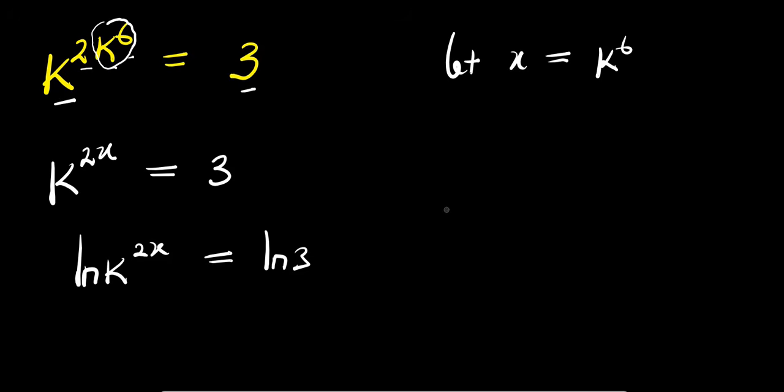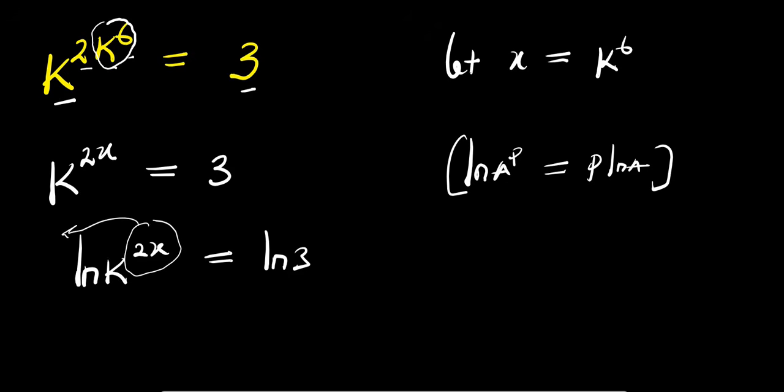Now, when you have natural log of a to the power p, this equals p times natural log of a. So applying this right here, the 2x will come behind this. So we'll simply have 2x times natural log of k equals natural log of 3.